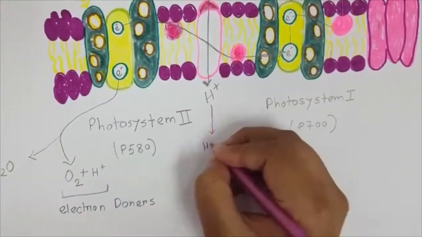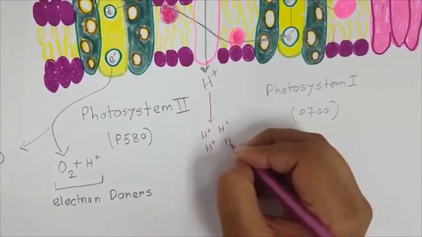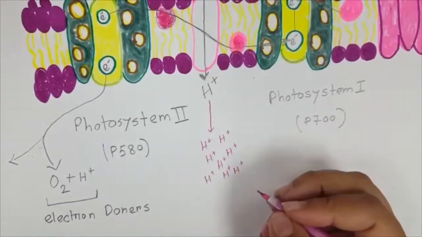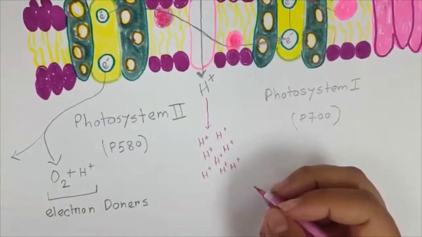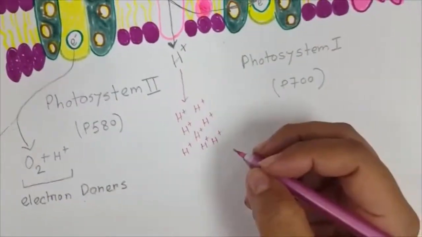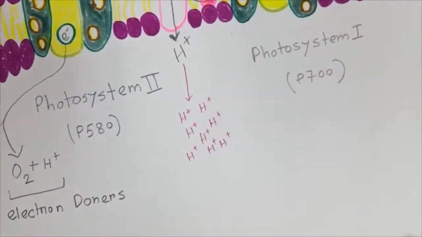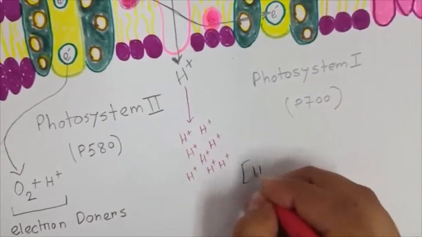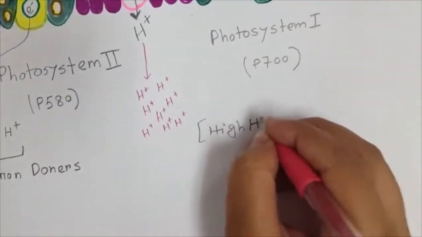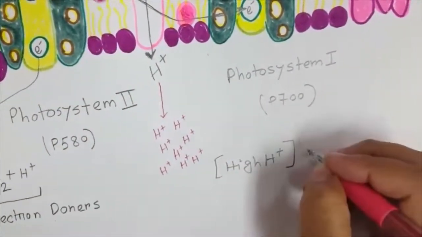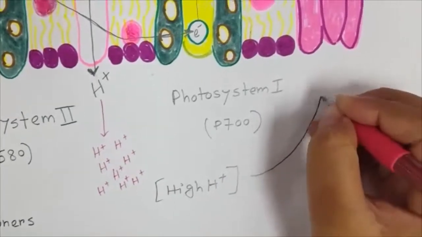Here is where the hydrogen ions come from, and there will be a higher concentration of hydrogen ions to make ATP. The higher concentration of hydrogen makes ATP in the protein membrane.